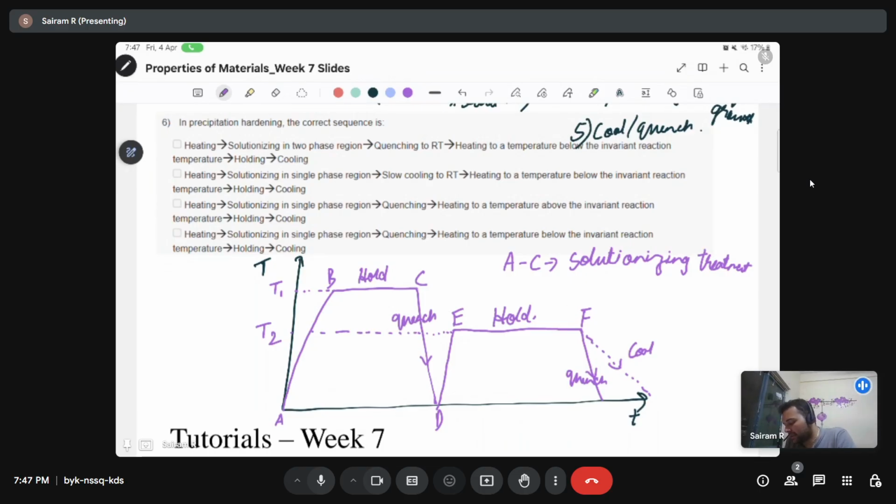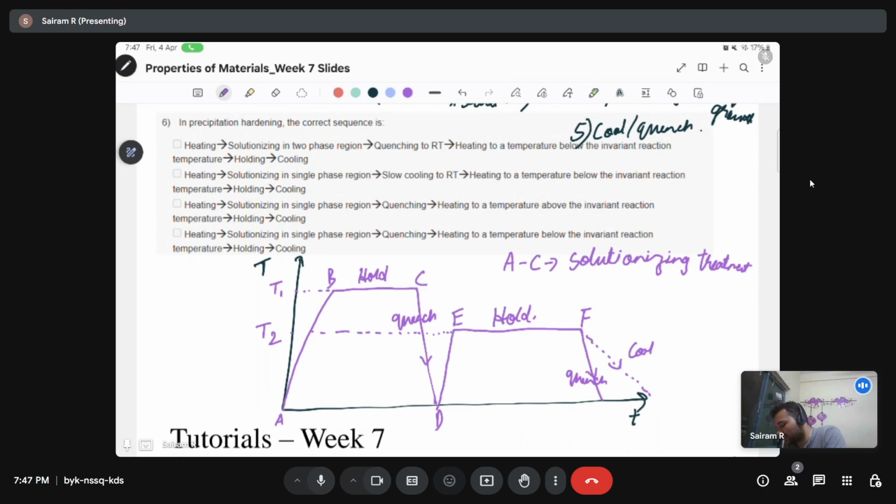Okay, and then I heat it to a temperature followed by quenching. So one thing that I have to note down is the solutionizing treatment is always done in the single phase regime, in the single phase region.